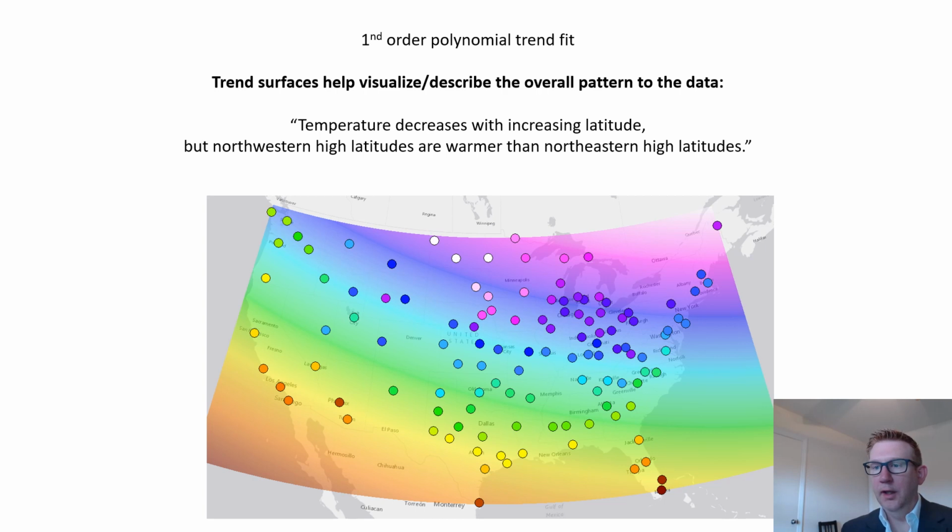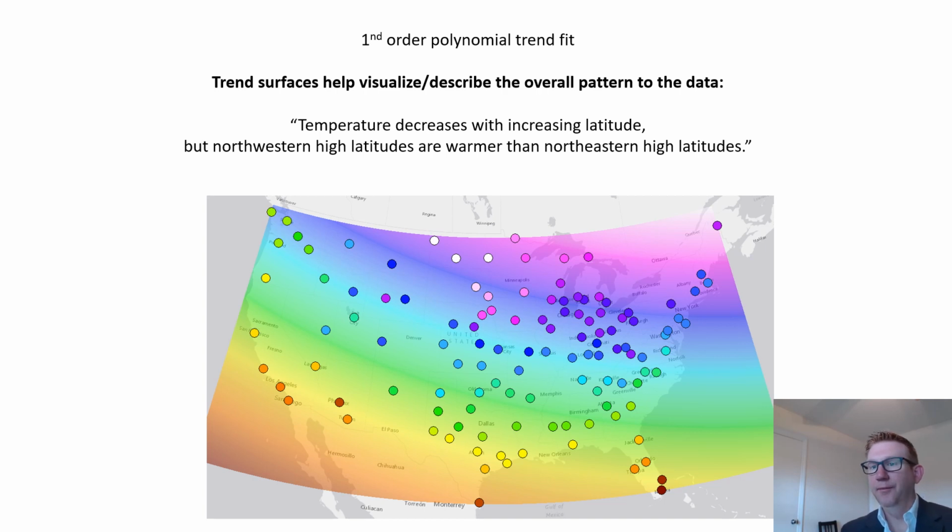What does that plane look like if we do the fit? Well, it's higher in the south than it is in the north, but it's tilted towards the upper right. The west coast of the United States tends to be a little bit warmer than the east coast, at least at those high latitudes, kind of Portland versus New York or Boston.